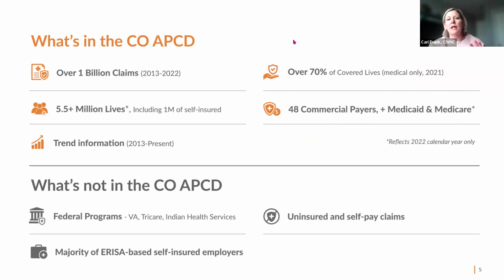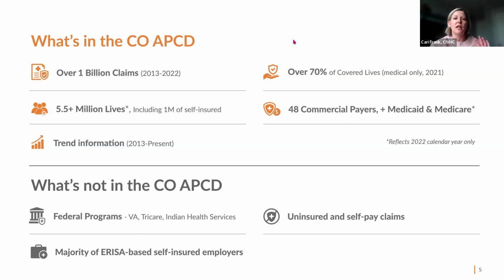Today we're going to be talking about the big data that we have, and that comes from the Colorado All-Payer Claims Database. We are the administrator on behalf of Medicaid in Colorado. We collect claims on a monthly basis from over 48 commercial payers, Medicaid, Medicare Advantage, and Medicare fee-for-service.